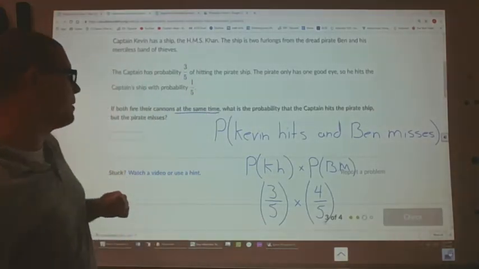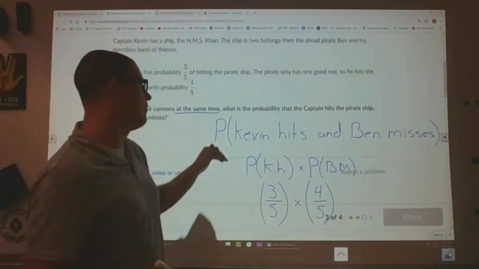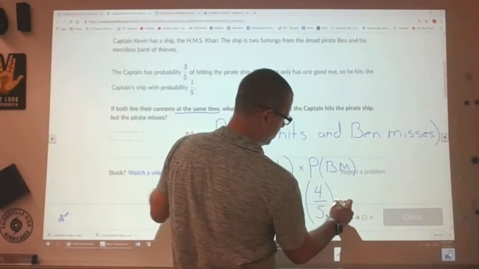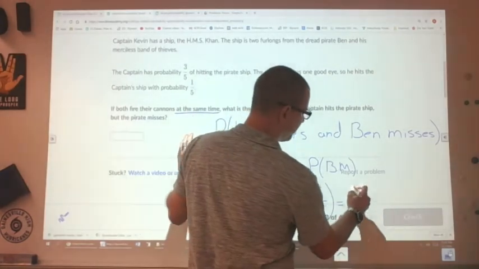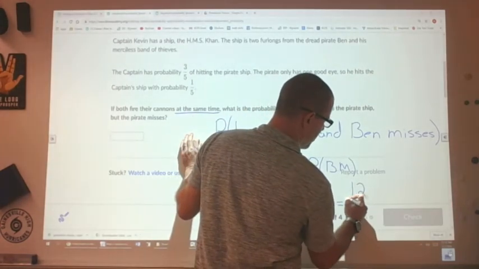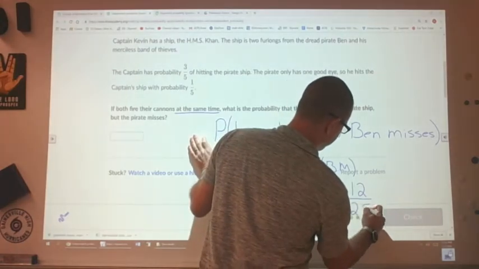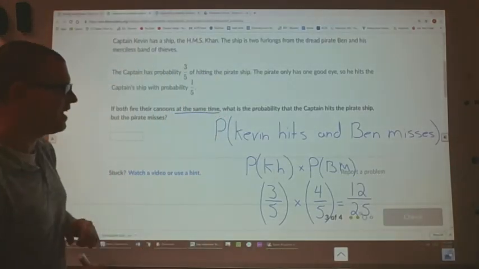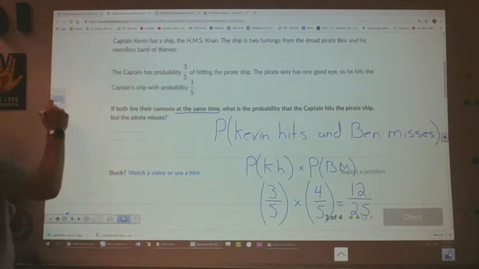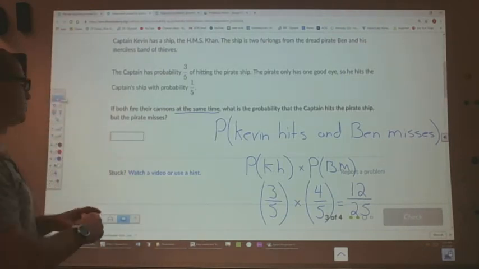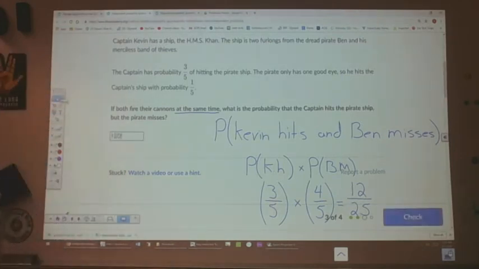We would end up with a probability of both of these events occurring as 3 times 4, which is 12, top to top, bottom to bottom, out of 25. So 12 times out of 25, this is what we would expect to occur. That's exactly what we get.